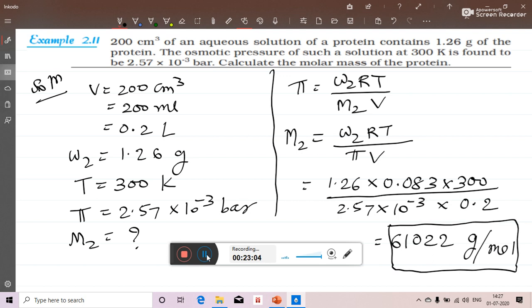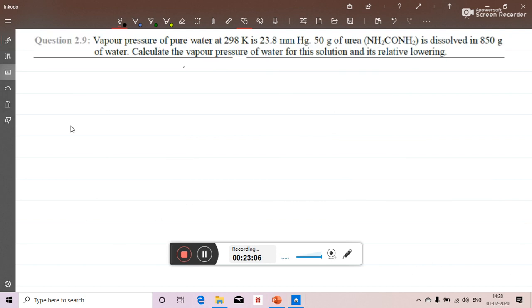Now next is in-text question 2.9. Vapor pressure of pure water at 298 Kelvin is 23.8 millimeter of mercury. So vapor pressure of pure water is P1 naught, that is equal to 23.8 millimeter of mercury. 50 gram of urea, so that is W2 equal to 50 gram.